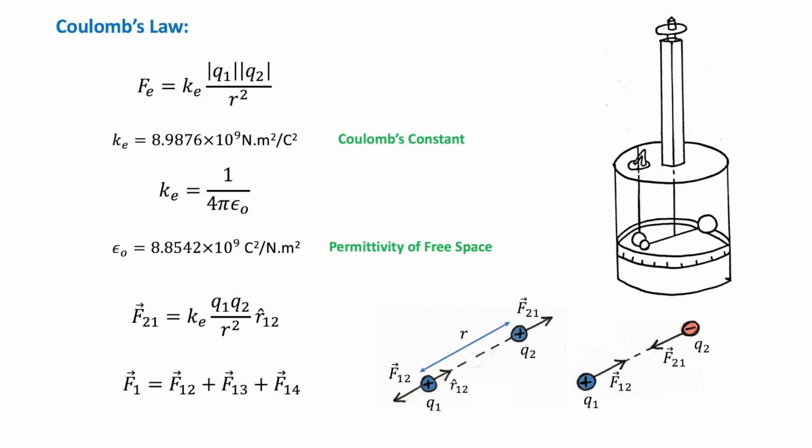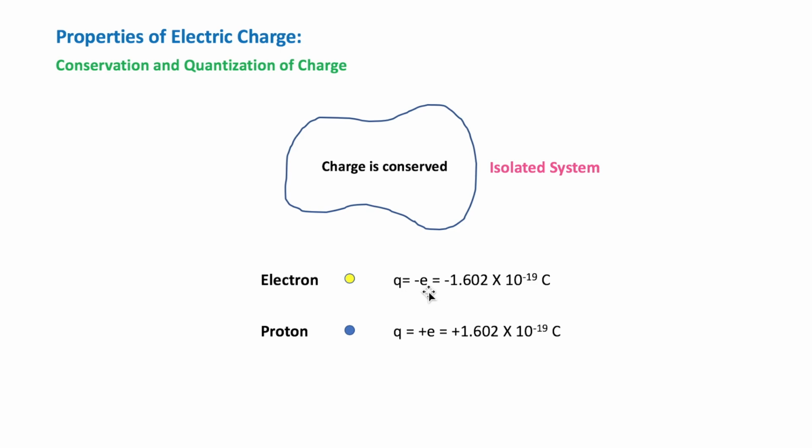And if you remember, the charge of one electron is 1.602 times 10 to the minus 19 Coulomb. Because charge is quantized, if we want to know how many electrons are in 1 Coulomb, we divide 1 Coulomb over 1.602 times 10 to the minus 19 Coulomb, and we get 6.25 times 10 to the 18 electrons.